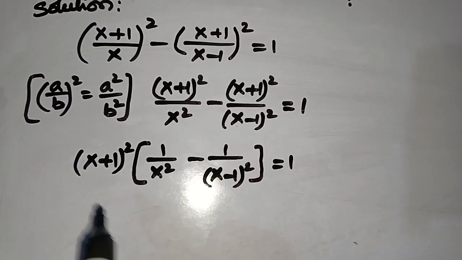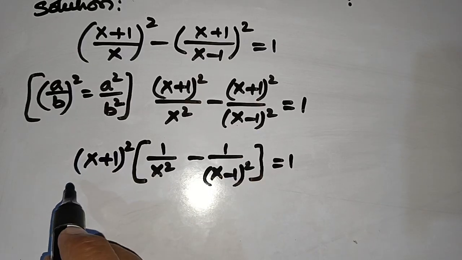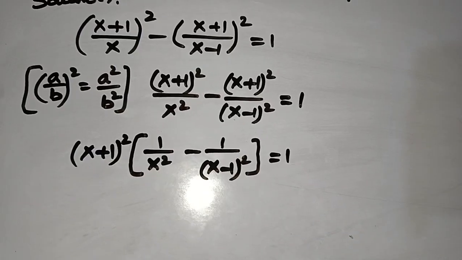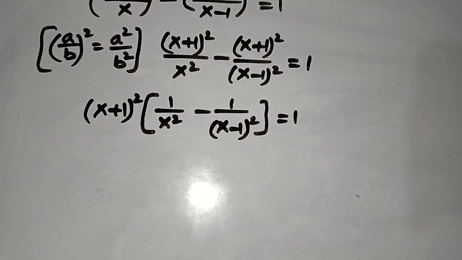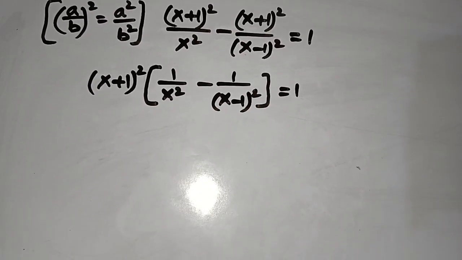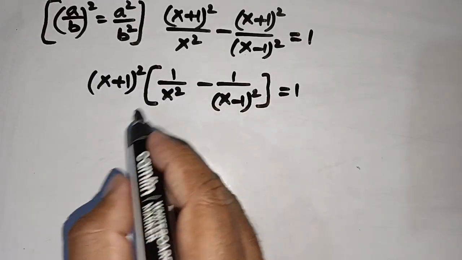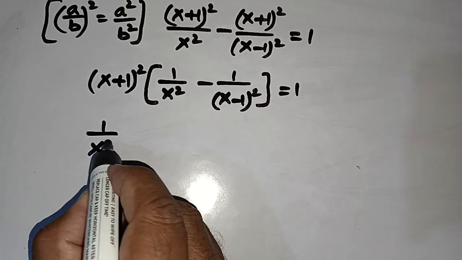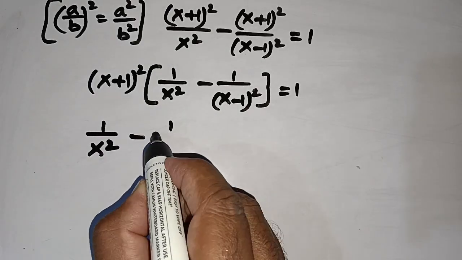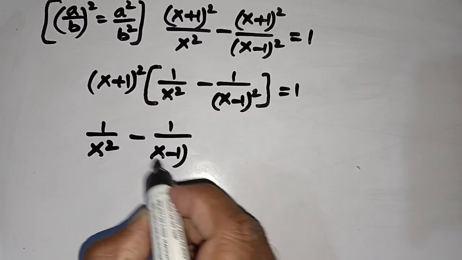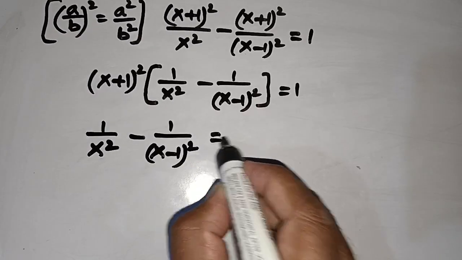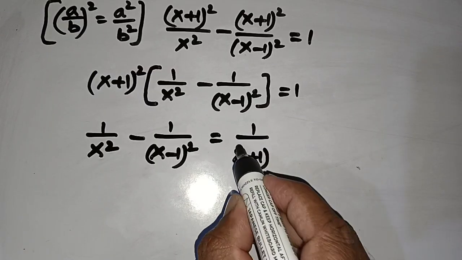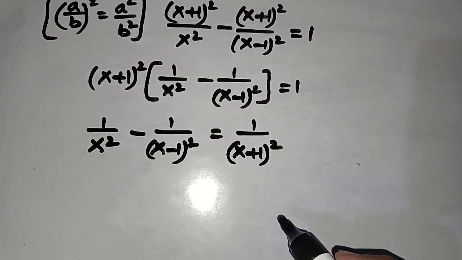Now dividing this equation by (x plus 1) whole square, here we don't get (x plus 1) whole square on the left, but instead it becomes the denominator of the right hand side. So the left hand side becomes 1 by x square minus 1 by (x minus 1) whole square is equal to 1 by (x plus 1) whole square.